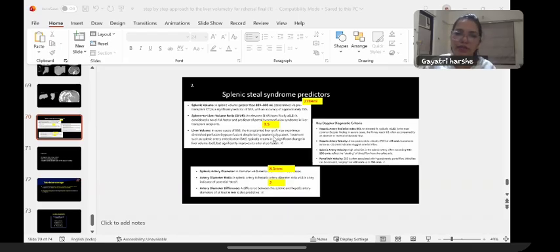Then the length of the hepatic artery and the position of the common hepatic duct, whether anterior or posterior, is also important. For the right hepatic artery, they need at least 7 to 8 millimeter length.